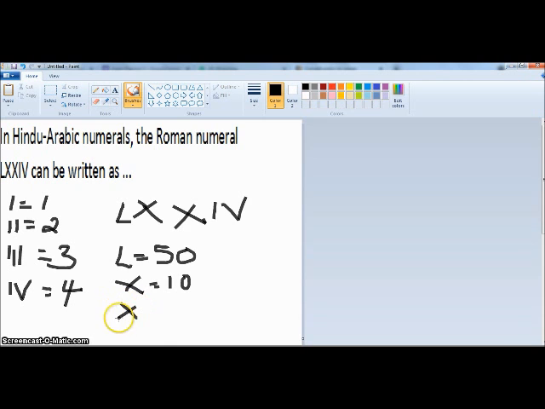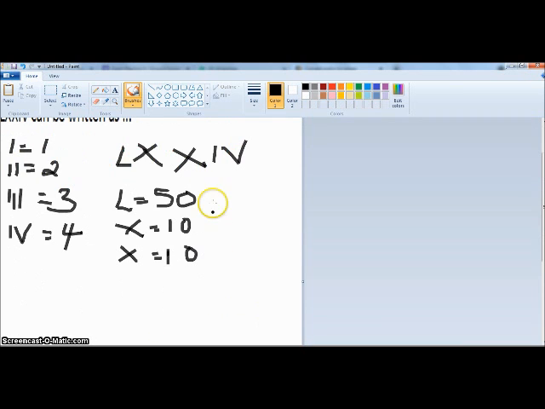Another X is 10. And you have IV. Although there are 2 letters here, IV actually represents the number 4. Now when you add these numbers, 50 plus 10, that is 60, plus 10, that is 70, plus 4, that is 74.